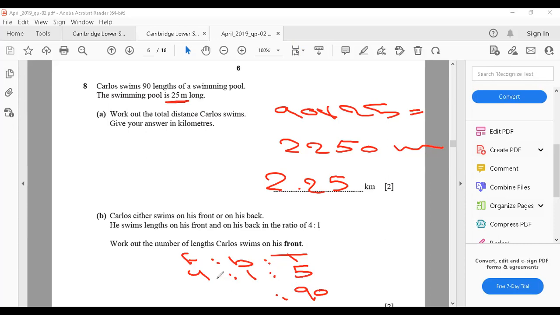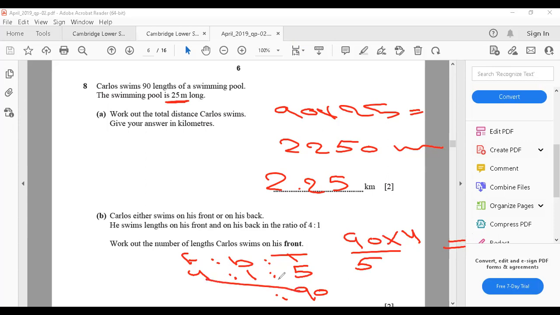I need to measure the value of one part. It can be 4 multiplied by 90 directly. It will be 4 multiplied by 90 divided by 5. Why divided by 5?